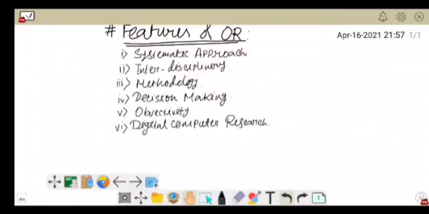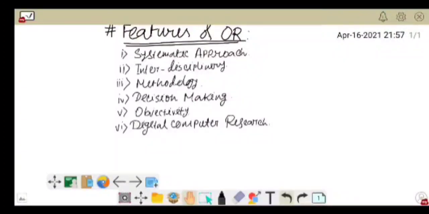Methods are related with system, and methods are related with logic and science. So this is surely a systematic way to research the real thing, and the easiest way to live. So number one is obviously a systematic approach because it has arrived from science.